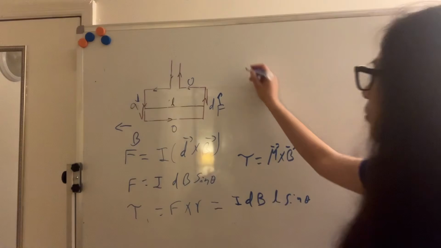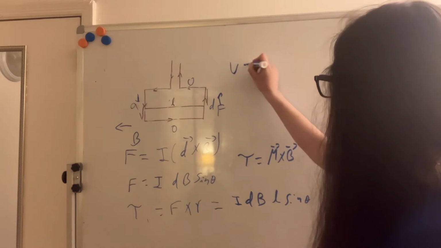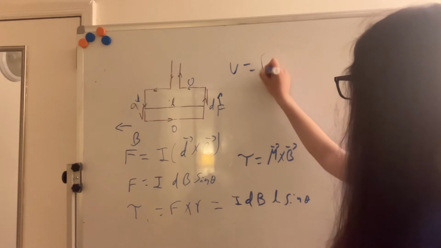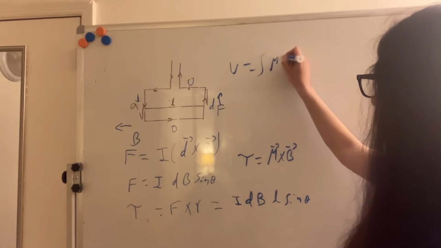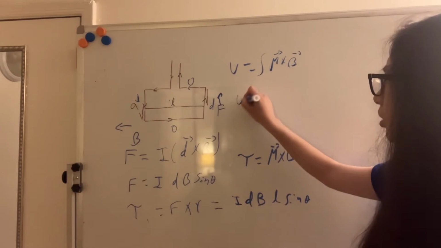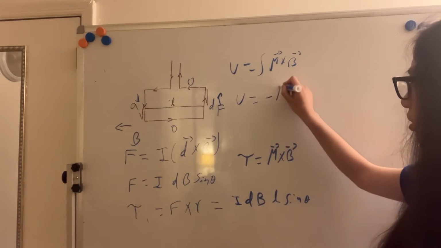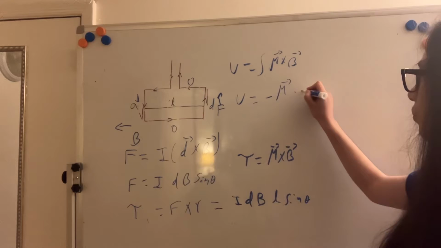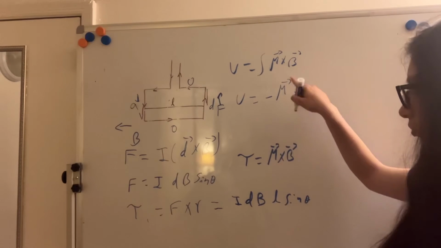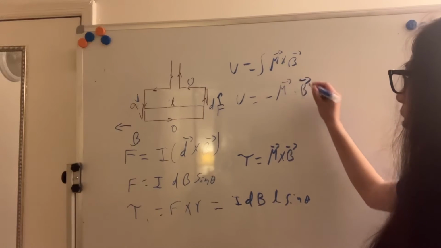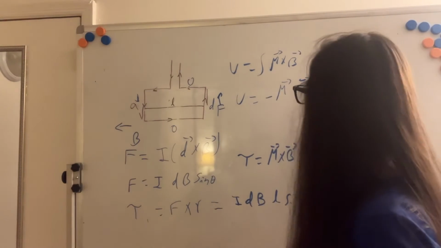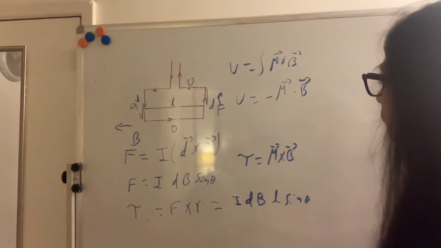And then we found that the work done to make the torque be 0 is the integral of this cross product, and this was found to be the negative of the dot product of the magnetic field and the magnetic dipole moment. Actually, in the previous video I didn't put the negative sign.